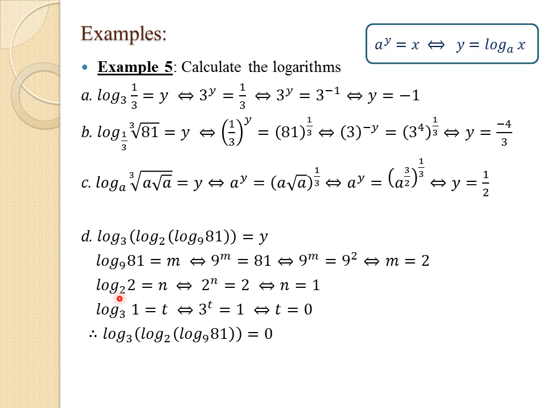Logarithm 2 base 2 equal n, and we know that it is 1. Then 1 for this logarithm, logarithm 1 base 3, say equal t, for example. So this is 3 power t equal 1, and then t is 0. And both values here, we can find them from the properties also. Next, we will see them. So the final answer for the whole three logarithms, one inside one, is 0.